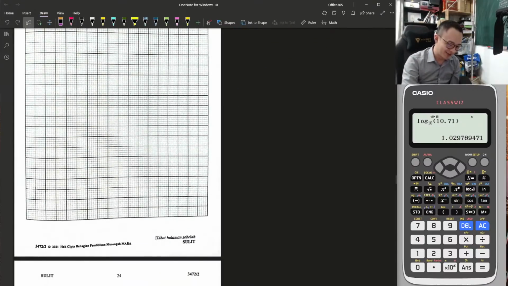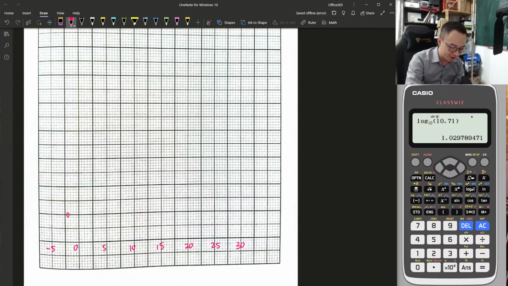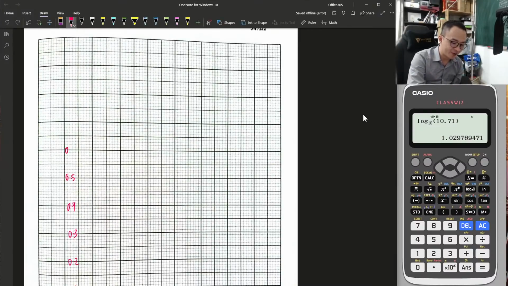Every 2 centimeter. So assume here is -5, and this is 0. Let's say this is 5, 10, 15, 20, 25, 30. Alright, then this is 0.1, 0.2, 0.3, 0.4, 0.5, 0.6, 0.7, 0.8, 0.9, 1.0.